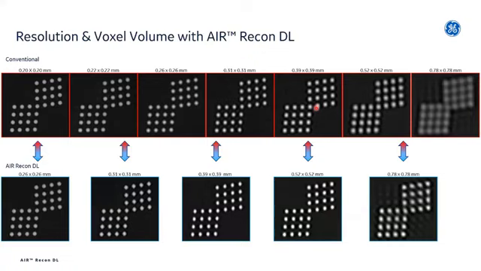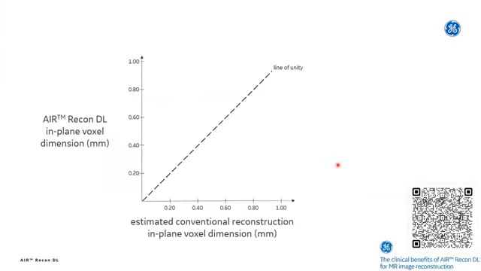So you get the idea. We're able to visually match the structures despite them having been acquired with different voxel sizes. So this is an important feature that you need to be aware of when you use AIR Recon DL, and that is you can get by using larger voxel volumes for equivalent spatial resolution information.